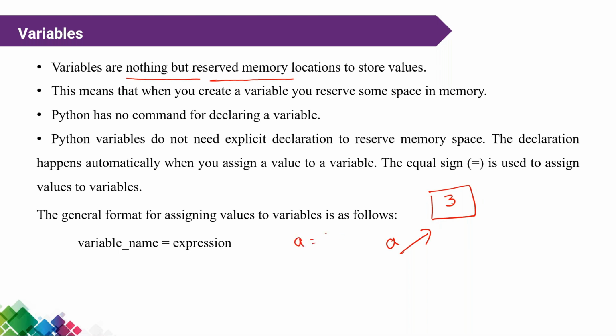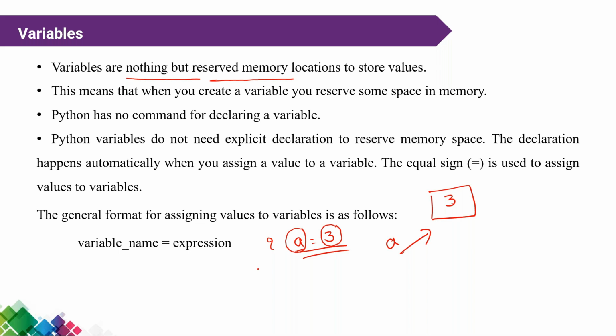If you are writing a statement like this, what is the meaning? A is a variable which is used to store some value. What is the need of storing the value? For example, if I write a program and I am given 2, 3, the addition is performed between 2 and 3.